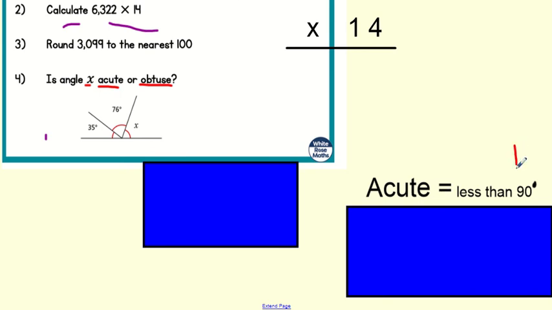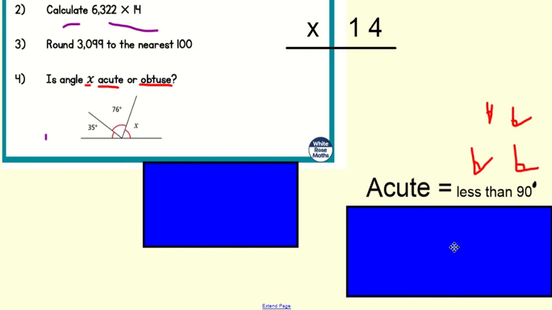So 90 degrees is a right angle, and an acute angle has to be smaller. Okay, it could look like that. It could be very small and look like that. Okay, it could be very close to 90 degrees and only just be slightly smaller.